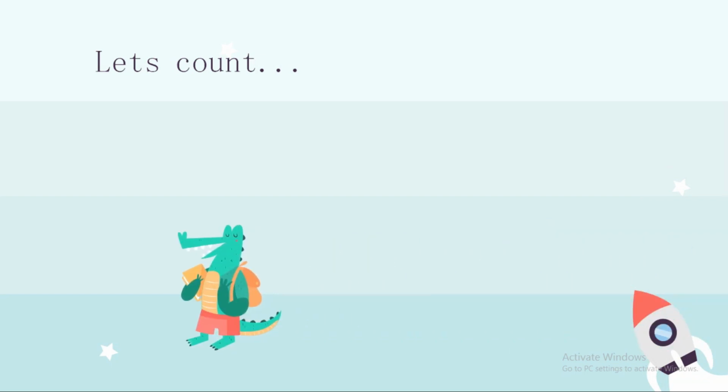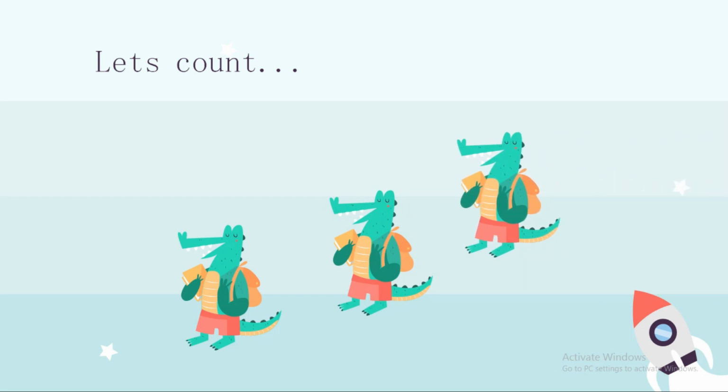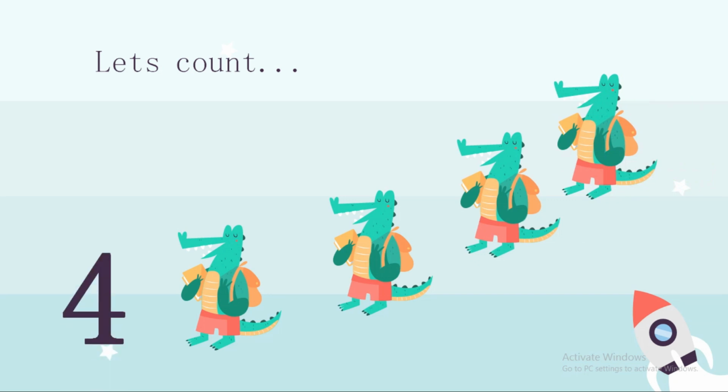Let's count the crocodiles. 1 crocodile, 2 crocodiles, 3 crocodiles, and 4 crocodiles. How many crocodiles are there on the screen? There are 4 crocodiles on the screen. The number is 4.